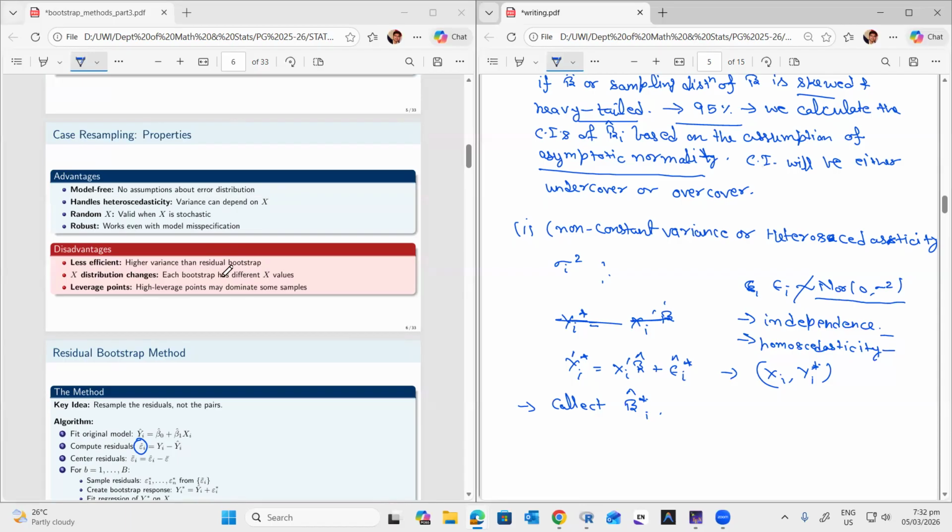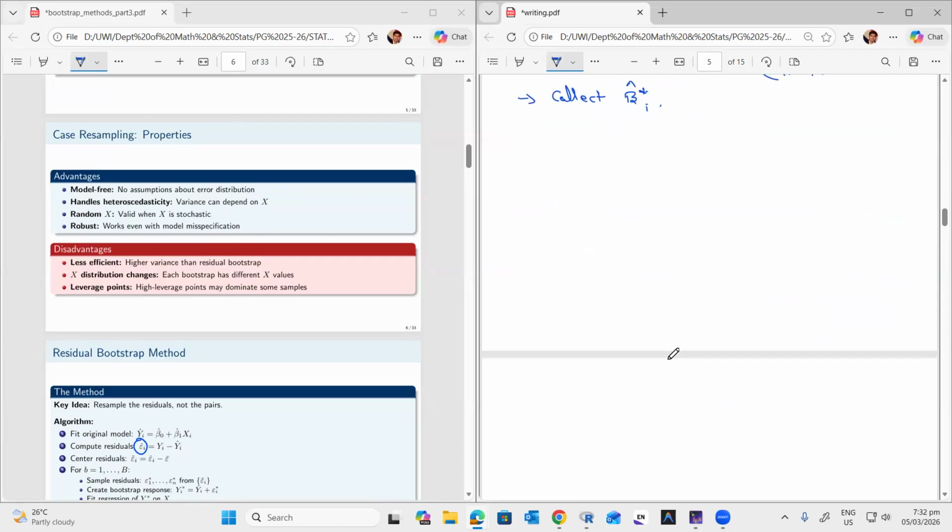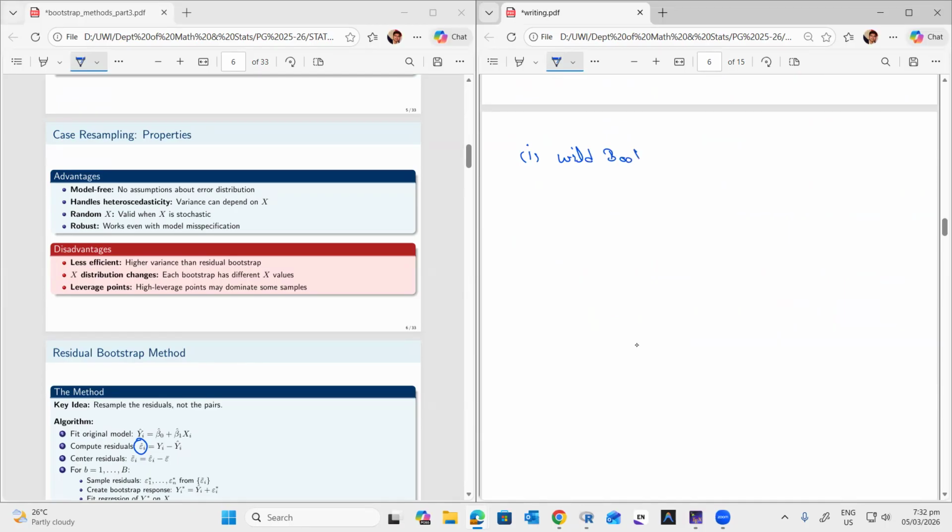So I just give you the highlight of the other models. What are the other models we have? The first model is the wild bootstrap. In this procedure, it is similar to the residual bootstrap, but instead of resampling residuals, we multiply each residual by a random variable vi with mean 0 and variance 1.